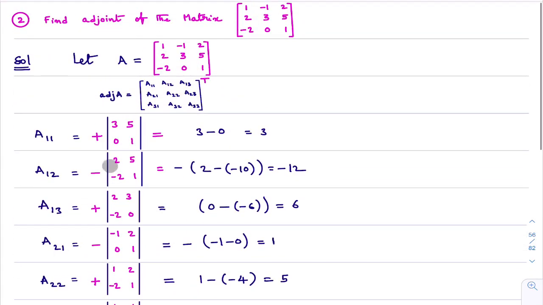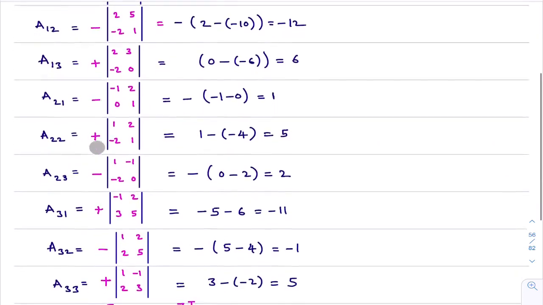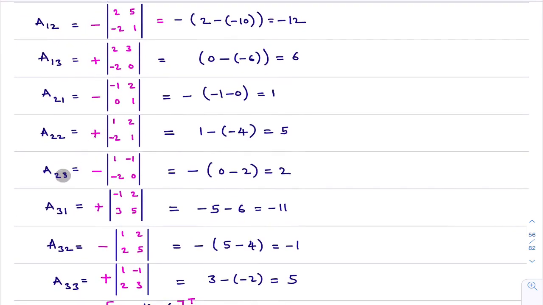Afterwards, see here. For A11, 1 plus 1 is 2. 2 is an even number, even means plus. 1 plus 2 is odd, odd means minus. 1 plus 3 is even, even means plus. 2 plus 1 is 3, odd, odd means minus. 2 plus 2 is 4, even, even means positive. 2 plus 3 is 5, odd, odd means minus.